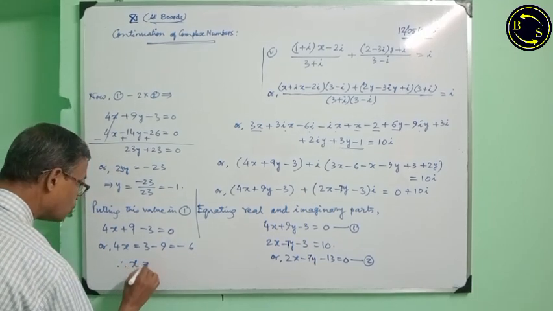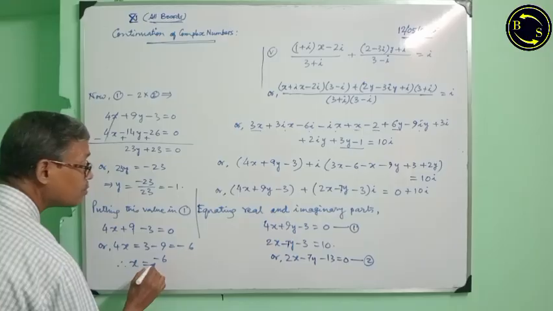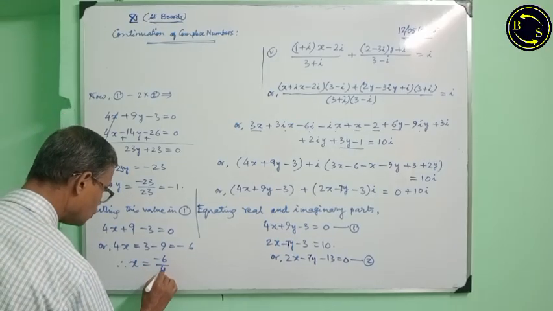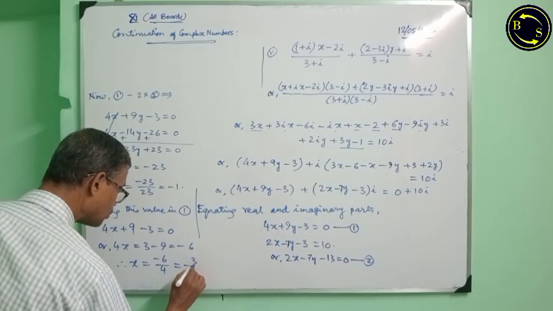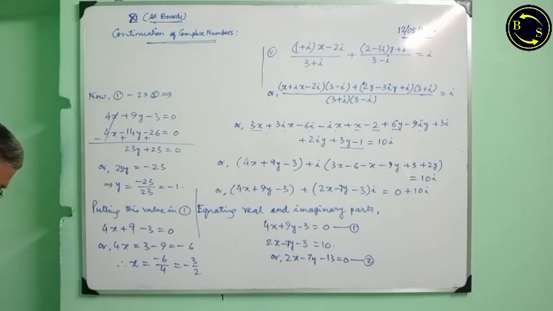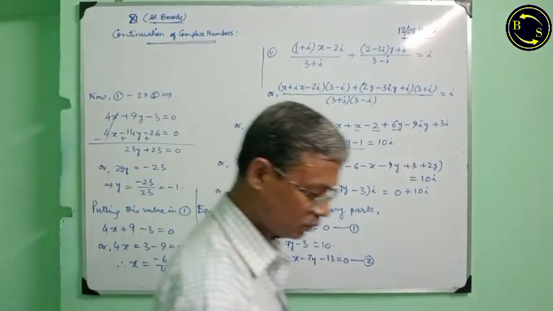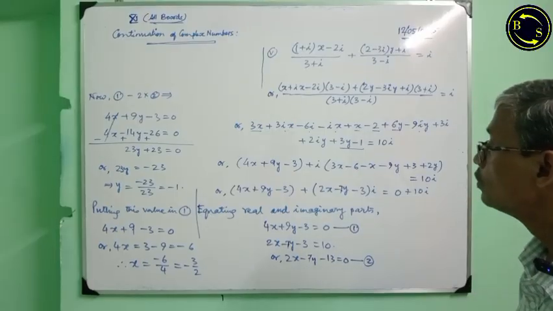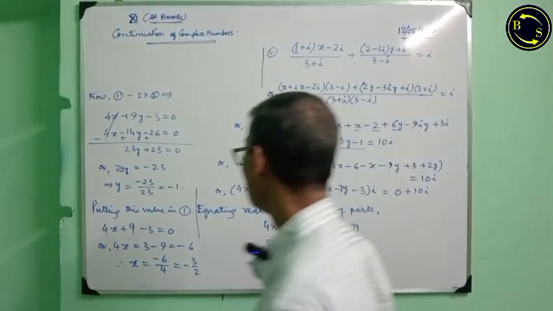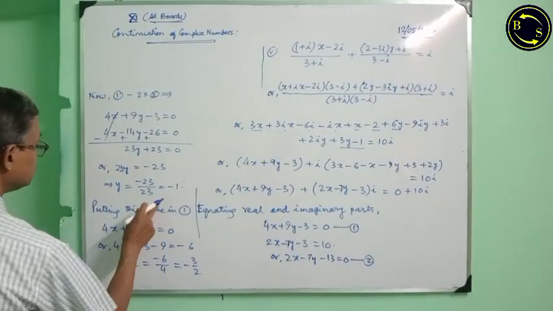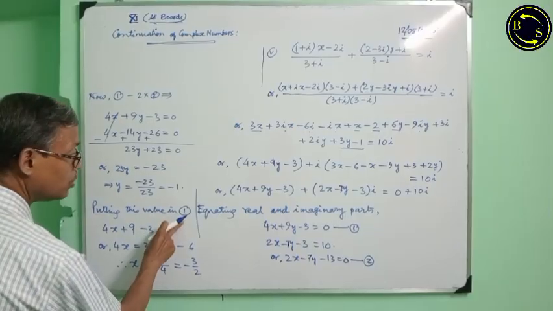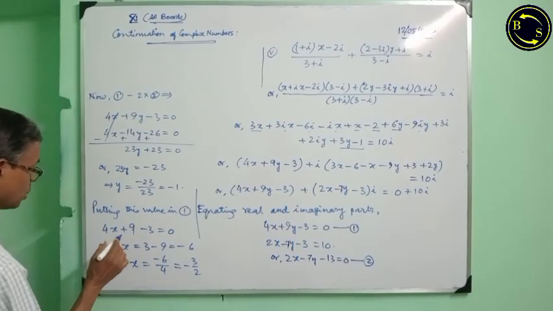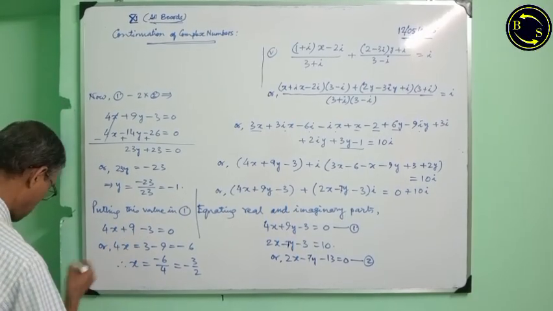Therefore, x equal to minus 6 by 4, minus 3 by 2. y is equal to minus 1 in 1. Sorry, this will be minus 9.